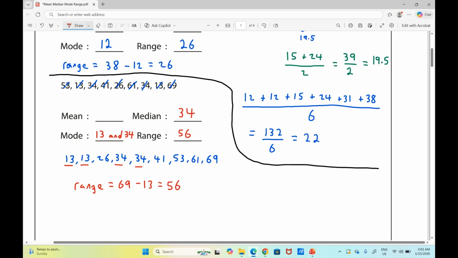Great. Now let's find my mean. So for the mean, I'm going to add up all my values together and then divide it by my total number of values.